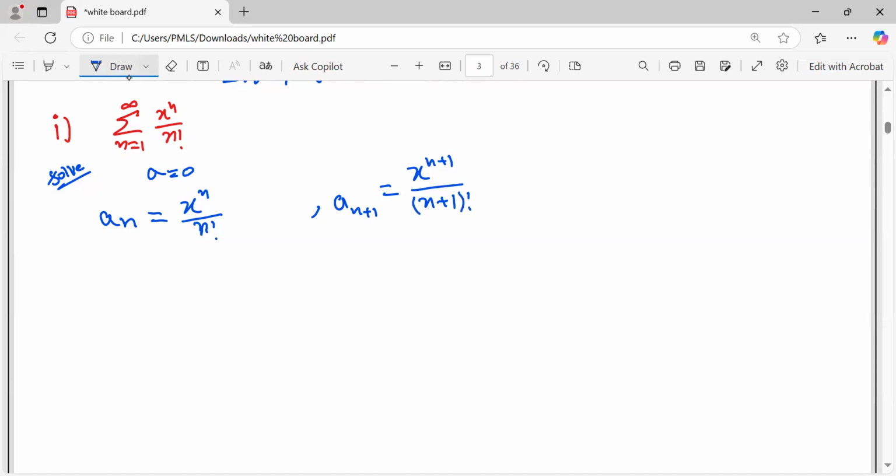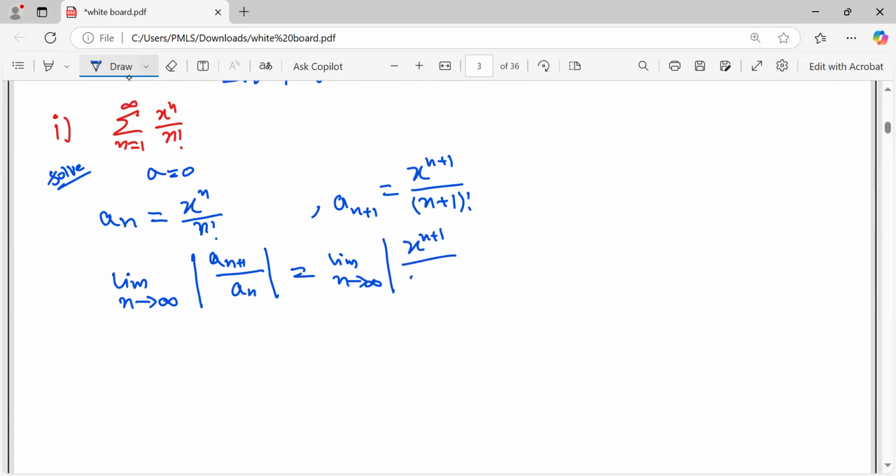After that, we use the formula limit as n approaches infinity of |a_{n+1} over a_n|. So that will be equal to the limit as n approaches infinity of x^{n+1} over (n plus 1) whole factorial.